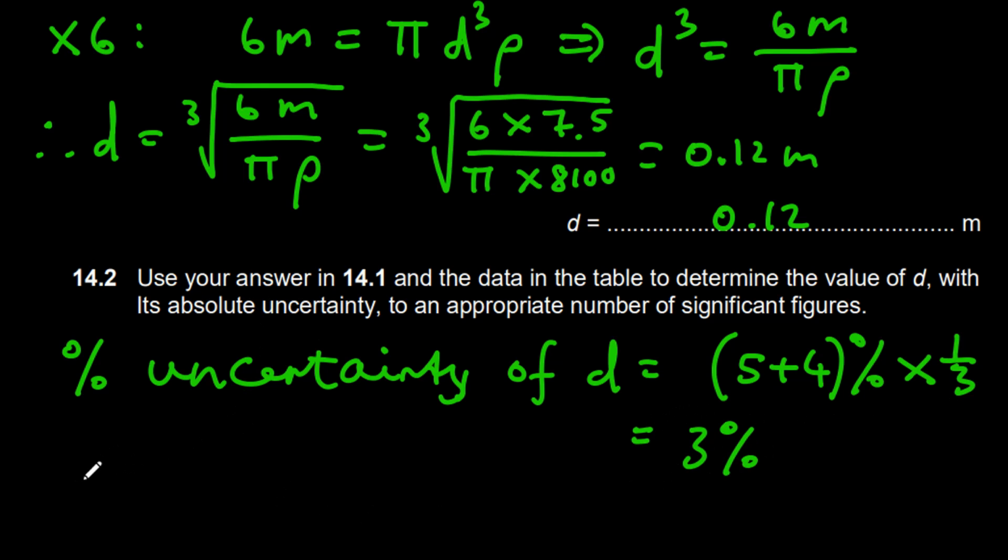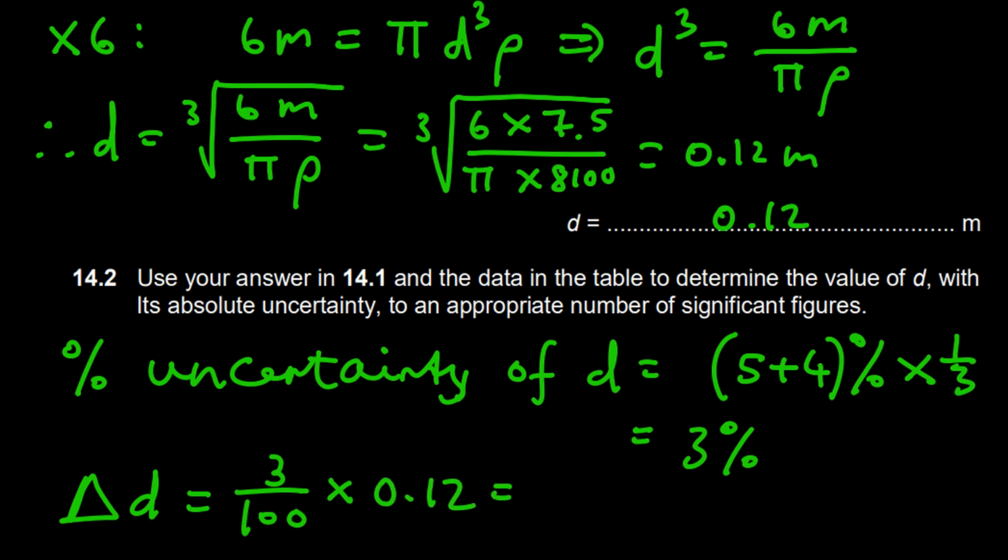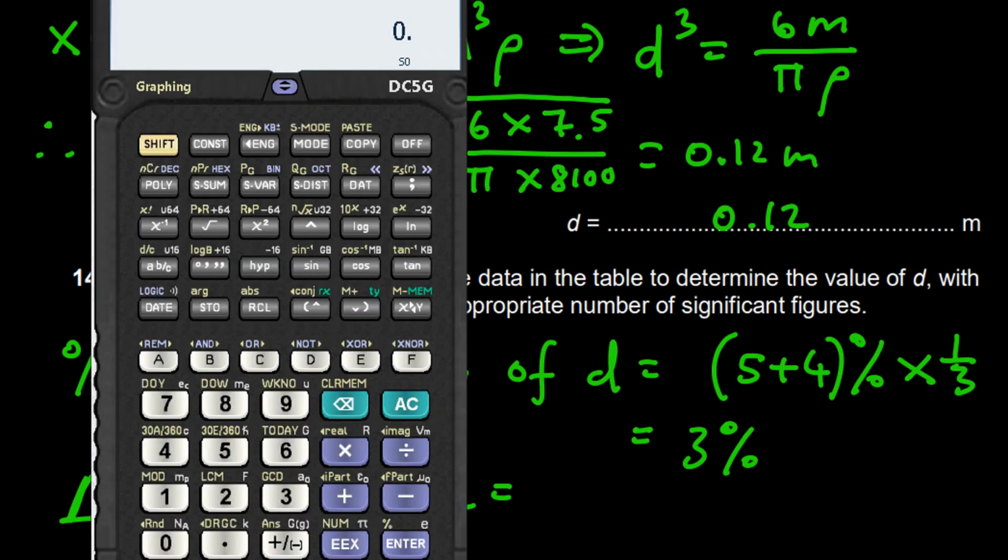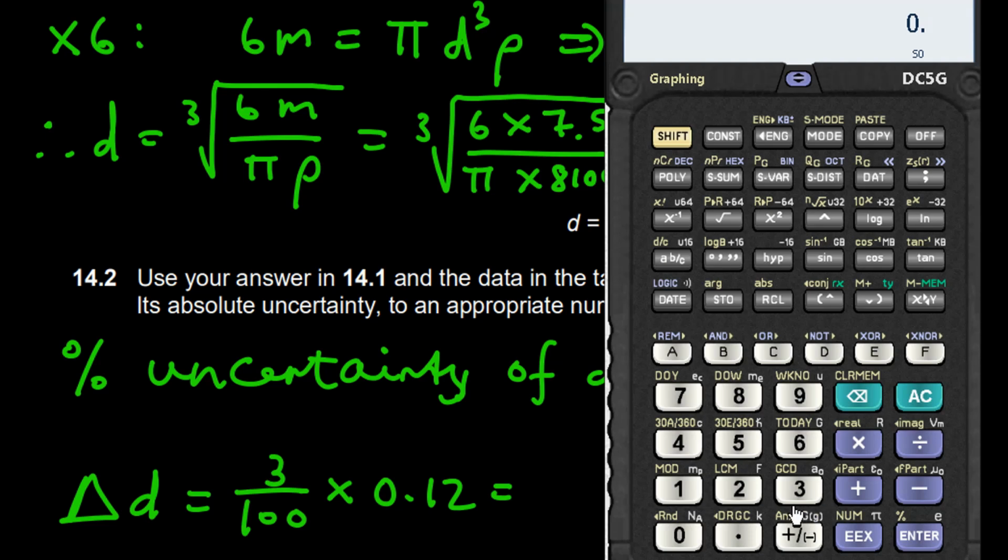Now we can find the absolute uncertainty of D by applying this percentage to the value we got for D. So 3% of 0.12, and we get 0.0036.